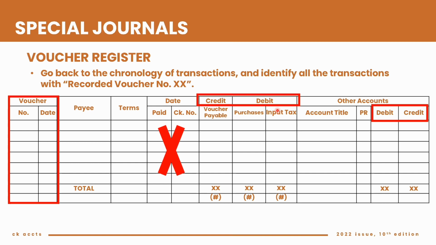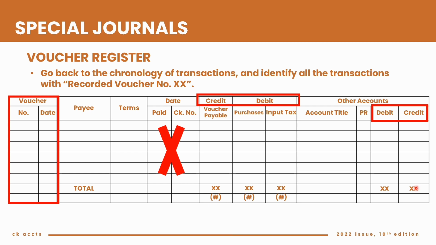And for the debit naman, specifically for the account title lang na purchases and input tax. Okay, may specific na column for these specific accounts. So, pagdating dito sa other accounts column, dito kasi nilalagay yung mga transactions na hindi related sa purchases. Hindi related siya sa purchases, kaya nilalagay siya dito sa other accounts column.